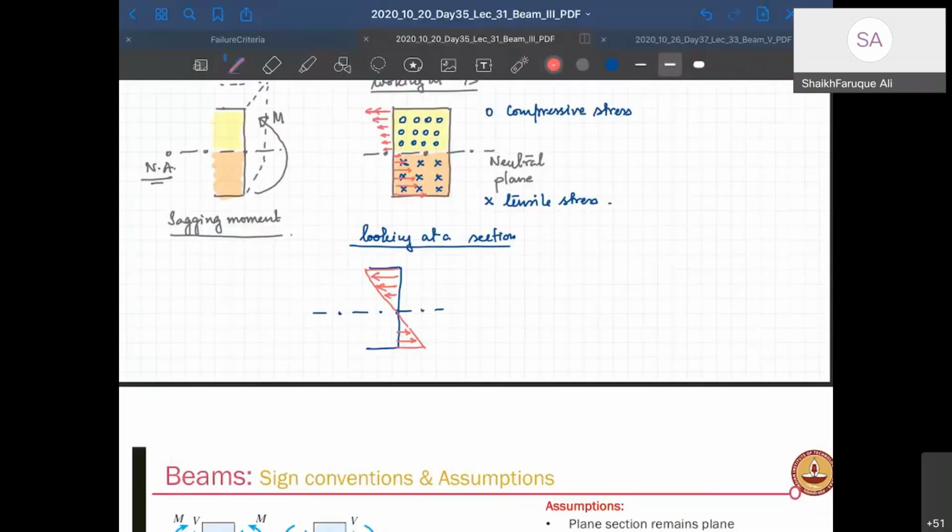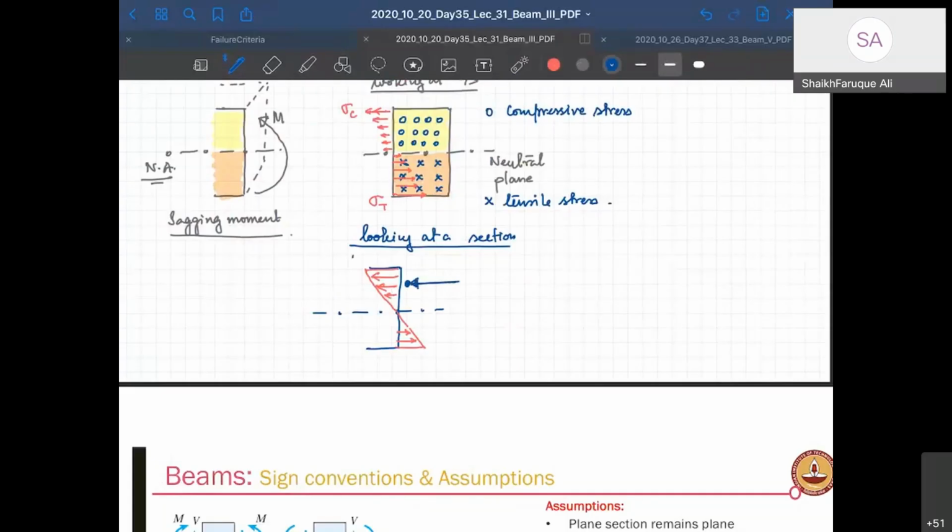Now, if I know the maximum sigma T and sigma C here, the top value, I can always integrate over the area and I'll get the force. And that force is obviously going to act from the centroid of the section, right? So it will go from there.